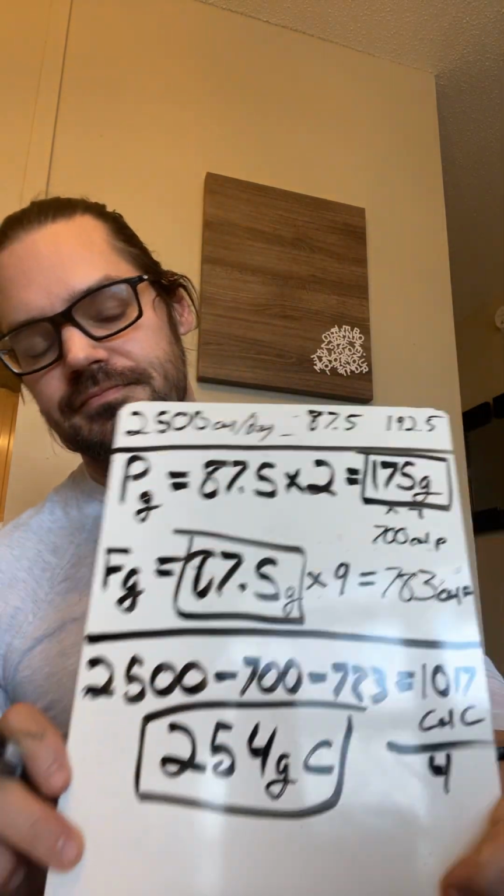We take that number divided by 4 calories per gram equals 254 grams of carbohydrates per day. So we have 254, we have 87.5, and we have 175 for what we need a day.